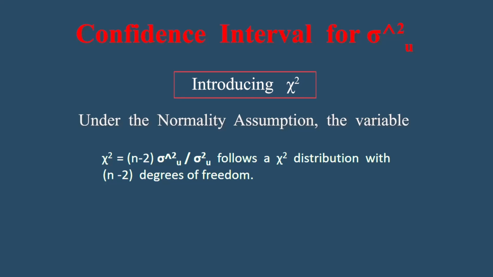We want to claim whether sigma hat square u is significantly different from sigma square u or not. And that is how we define the chi-square test procedure. Whenever we are testing a hypothesis for the variance of a disturbance term, we always go for a chi-square distribution, which happens to be a non-parametric distribution.